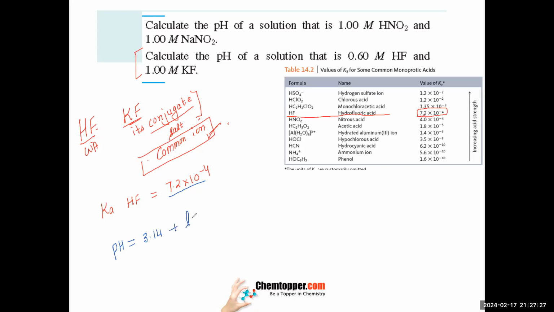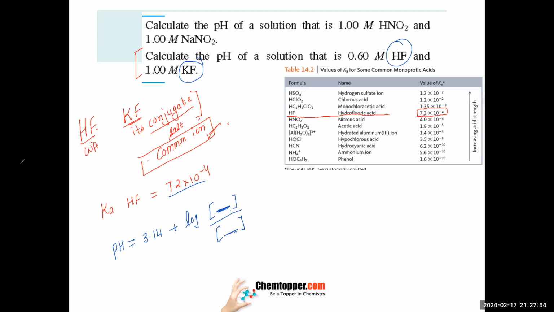Plus log of the concentration. So whose concentration will come in the numerator and whose in the denominator? There is KF and there is HF. Can you tell me what I should plug in here and what here? Yes, Azuni, very good.